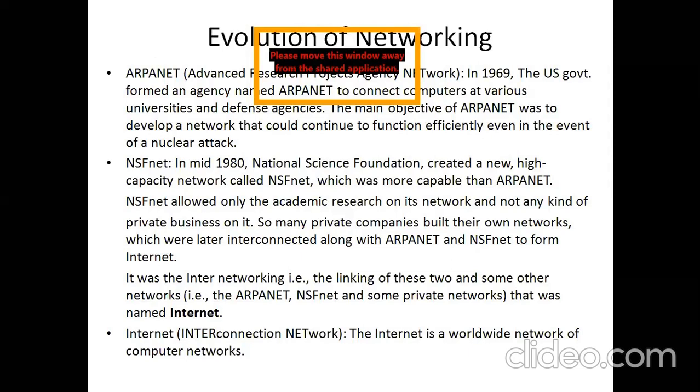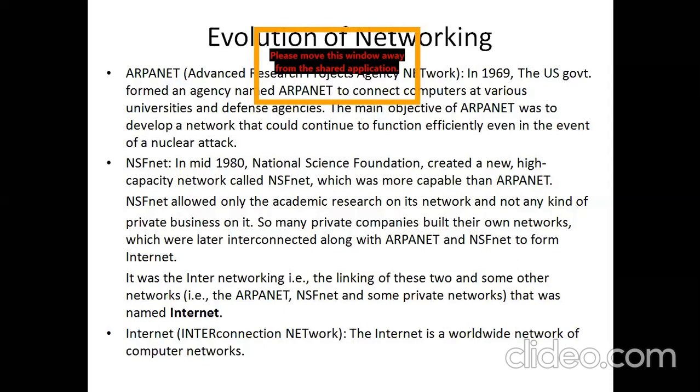Coming to the evolution of networks. How did it evolve? The first network to come into existence was ARPANET, which was developed only for defense agencies. After that, the next powerful network was NSFNet. As NSFNet was launched, private companies started building their own networks, because NSFNet was only allowed for academic research.